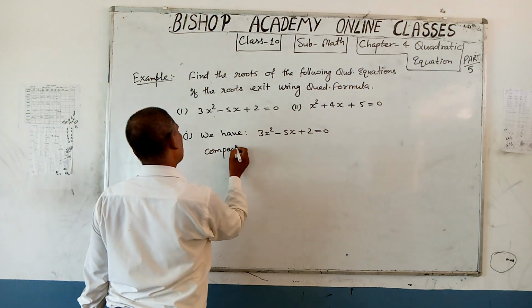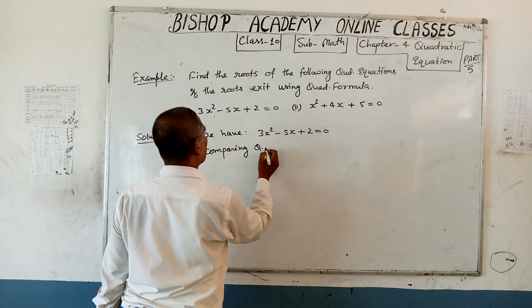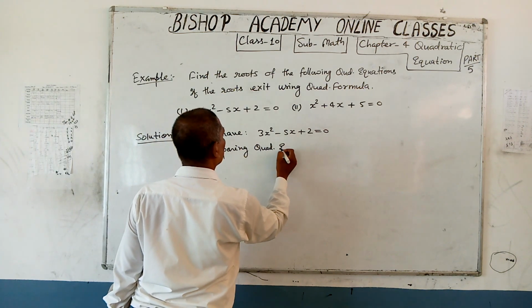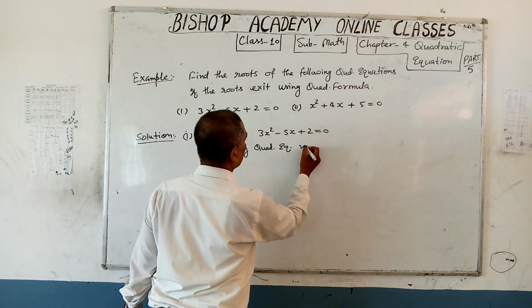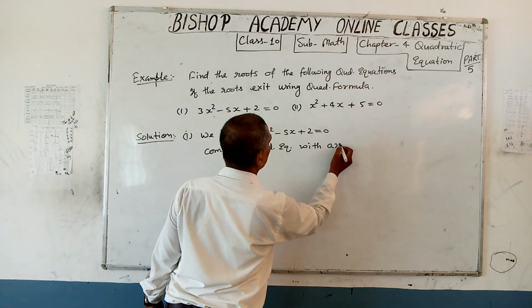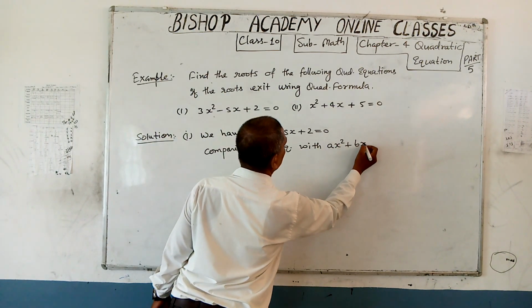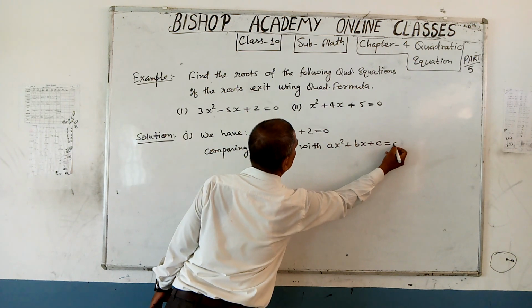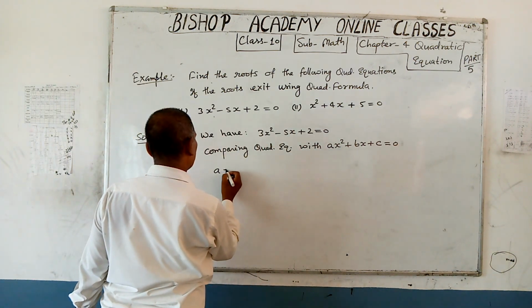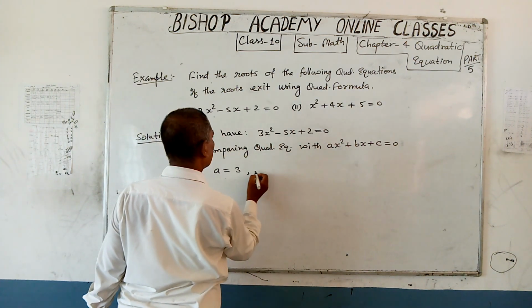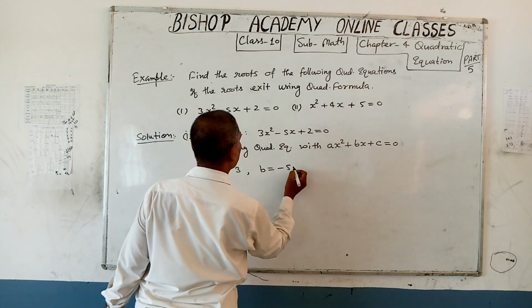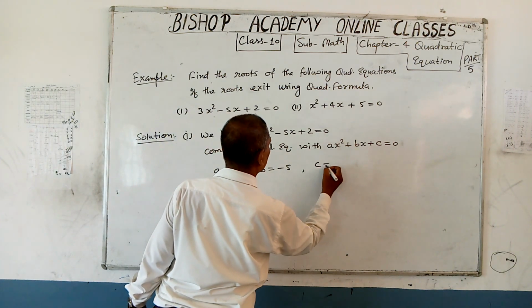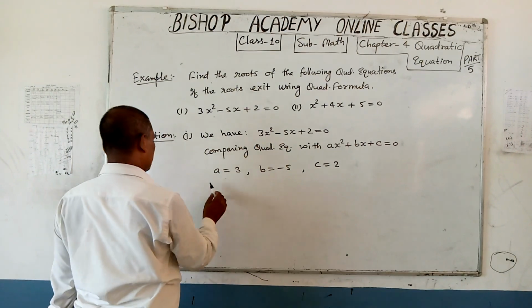Comparing with ax square plus bx plus c is equal to 0, a is equal to 3, b is equal to minus 5, c is equal to 2.